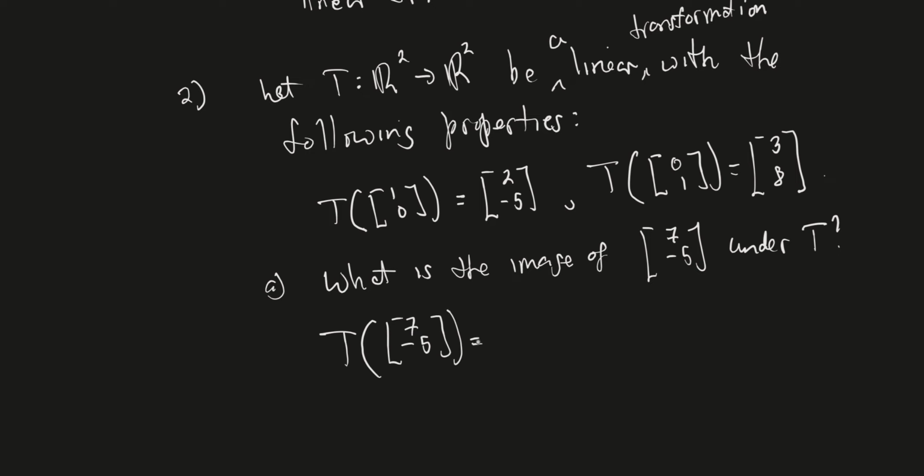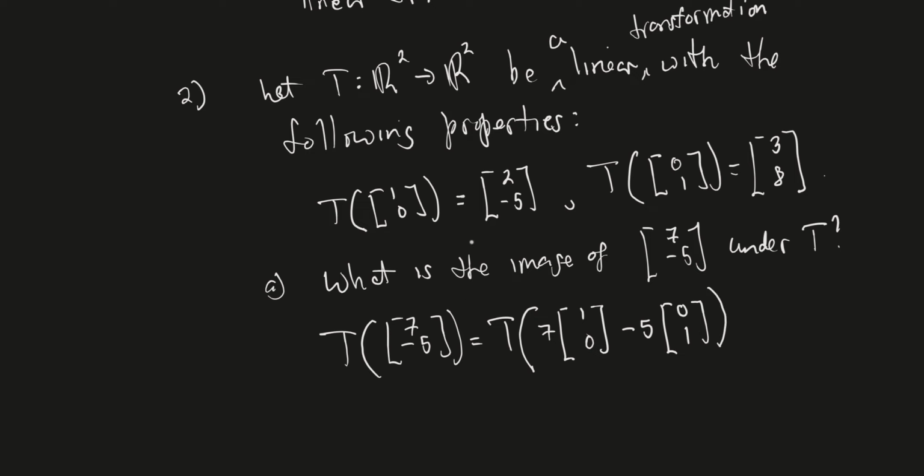Well, again, based on what we did with the basis vectors and coordinates, I can find the coordinates of this vector relative to my ordered basis (1, 0), (0, 1). So I can write T of (7, -5) as 7 times the vector (1, 0), that's my e1, minus 5 times the vector (0, 1), which is my e2, right?